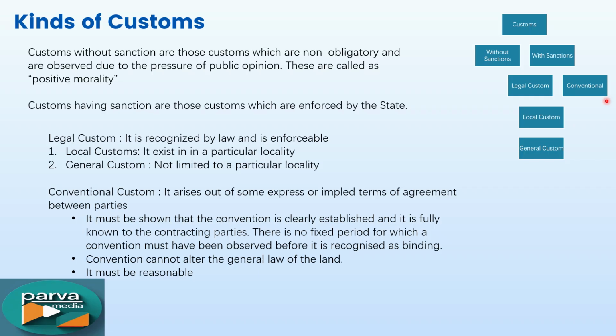Another important category is conventional customs. A conventional custom arises from an express or implied agreement between the parties. For example, Mr. A keeps supplying 10 liters of milk every day. So it is implied that both parties know that every day A is sending 10 liters of milk.